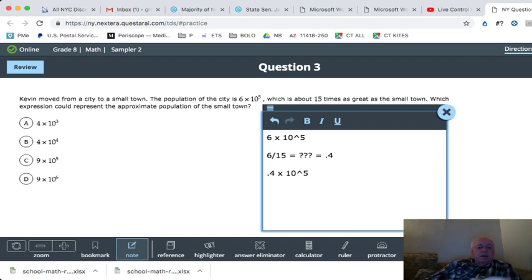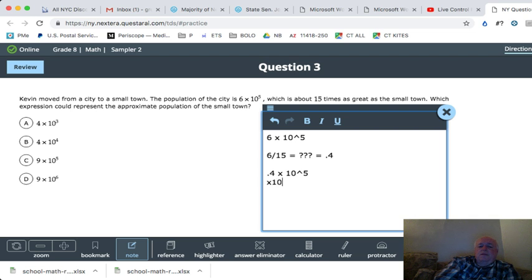So if we look at the answers, none of those are there. If I did this right, we have a bunch of 9 stuff there. That doesn't seem to work. And we have 4 times 10 to the 4th and 4 times 10 to the 3rd. So why don't we try to manipulate this instead of something with a decimal point with the 4? Let's try to figure it out.